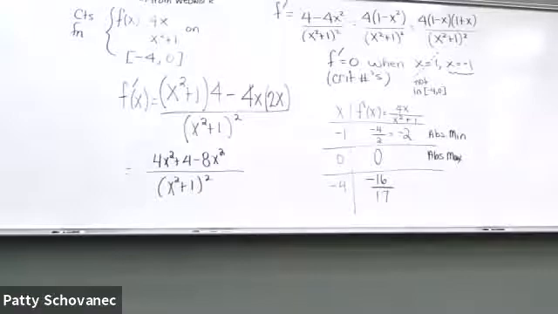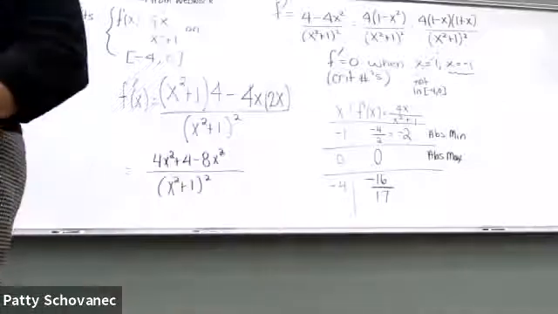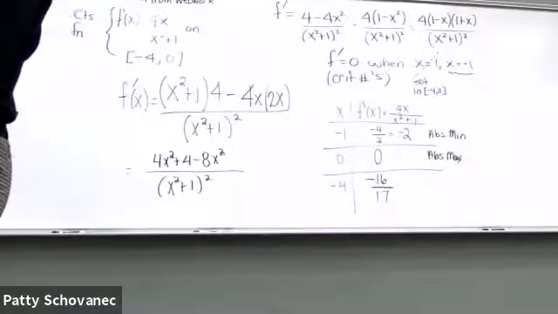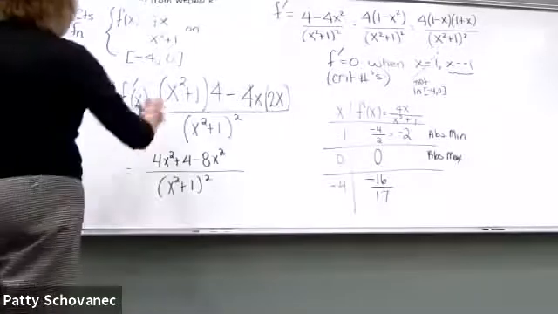Now we're going to do a trig function. Let's let f of x be the square root of 3 times x minus 2 times the cosine of x.